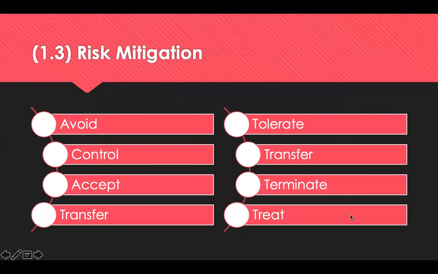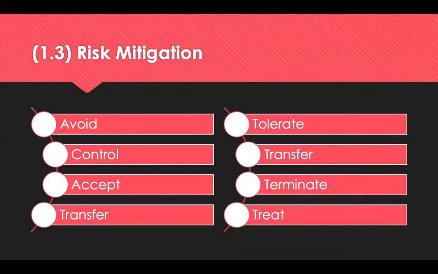Which leads me on to the risk mitigation strategies. You've got on the left-hand side the ACAT model, and on the right-hand side you've got the 4Ts approach by Sandgrove. So ACAT can be a useful mnemonic to help remember potential mitigating approaches. So you can either avoid it, control it, accept it, or transfer it.